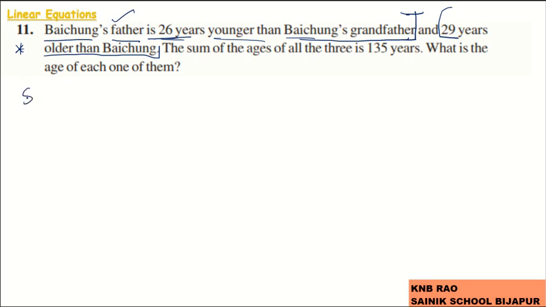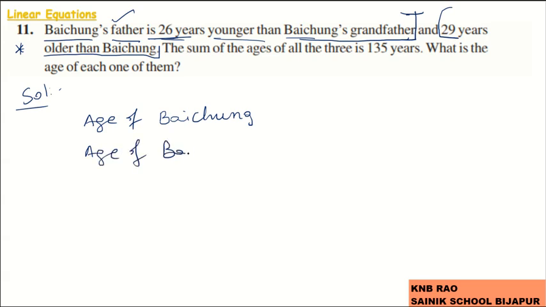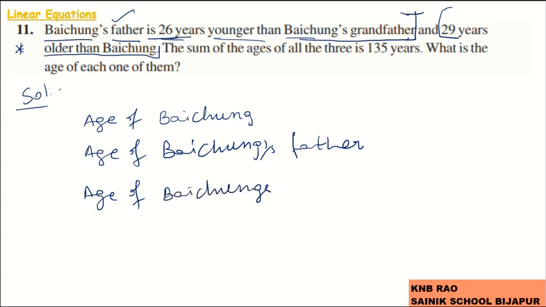So, here see children, very important, we have the age of Baichung, the age of Baichung's father, and next third, the age of Baichung's grandfather.